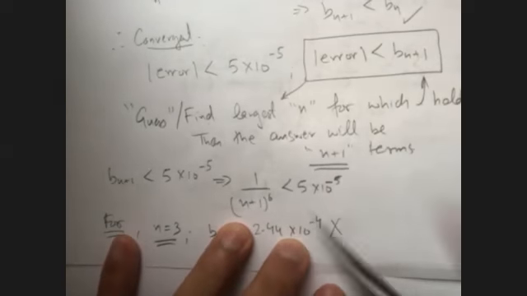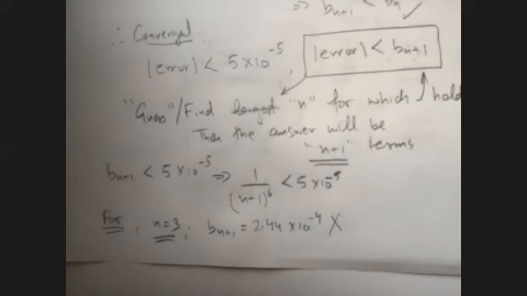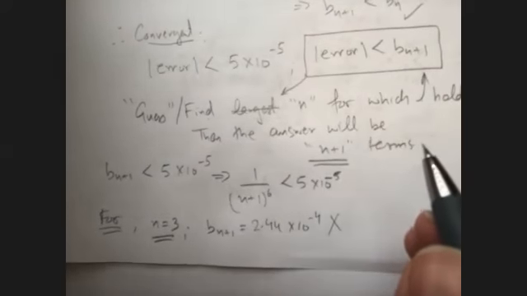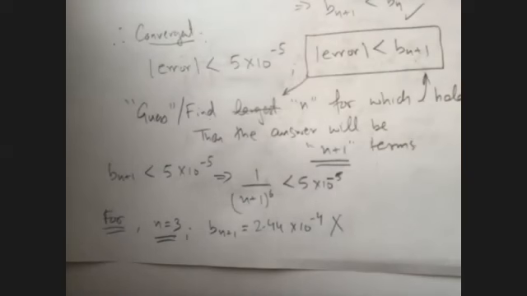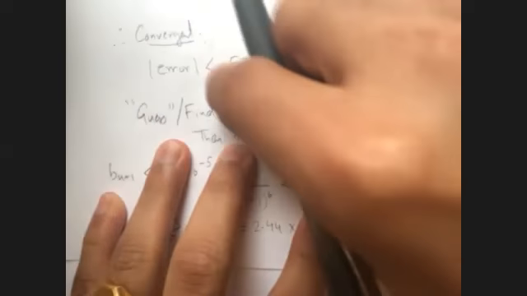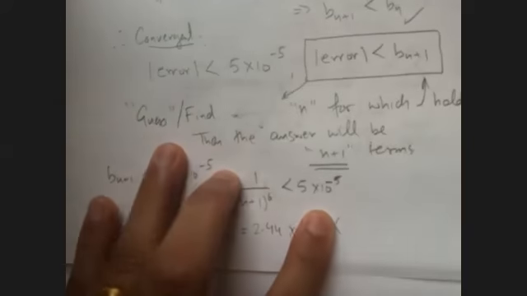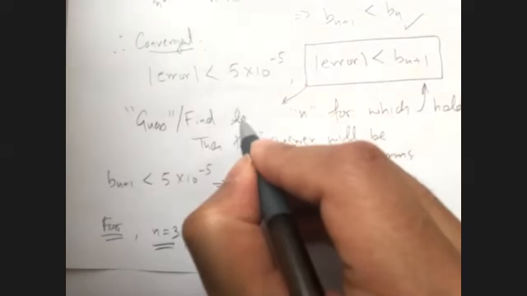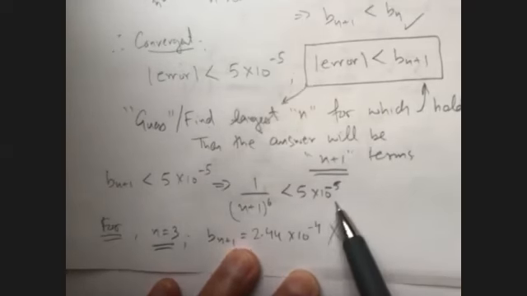That should be the smallest. I'm confusing some things. Right, so this is greater than, so this does not work.